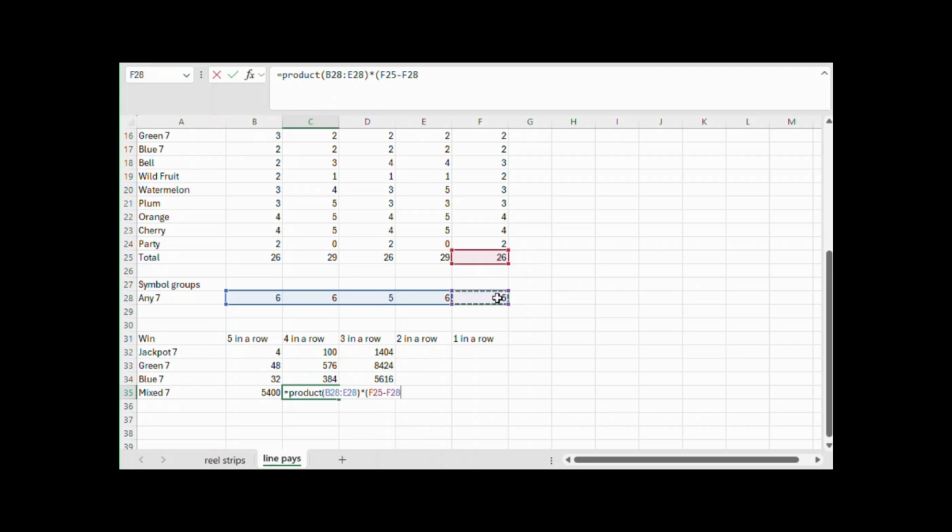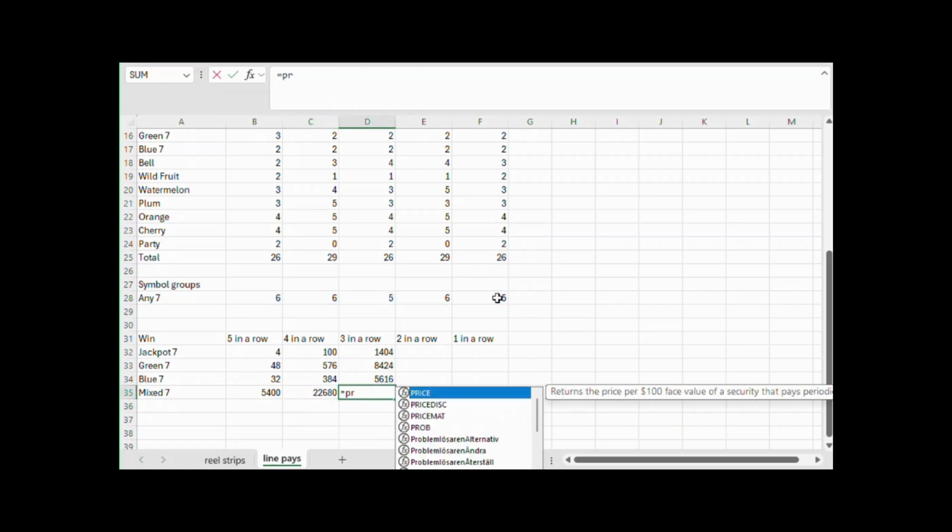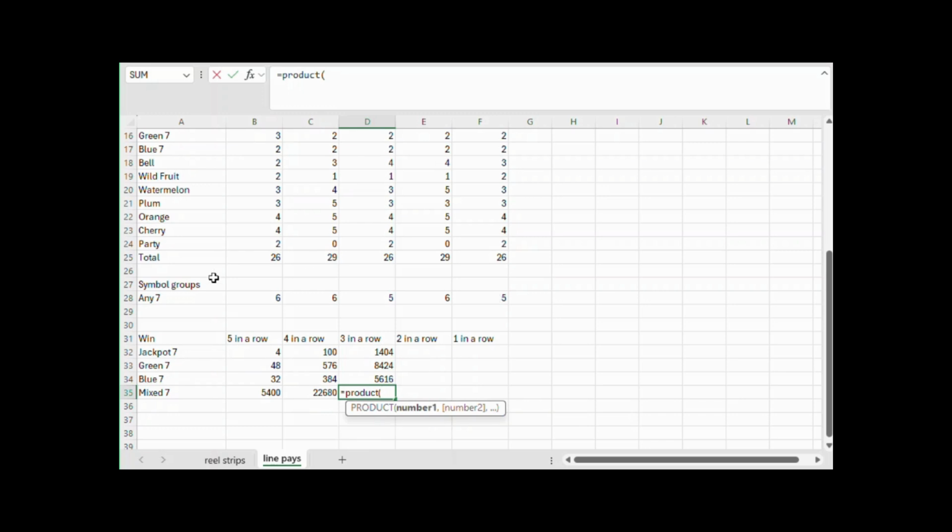The 5 being for the number of 7s on reel 5. And finally for reel 3, we take the product of the first 3 reels, the number of 7s on each one, then the number of ways the player can get anything but a 7 on reel 4, and then the number of symbols on reel 5.